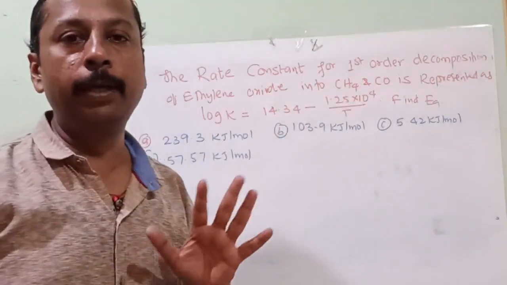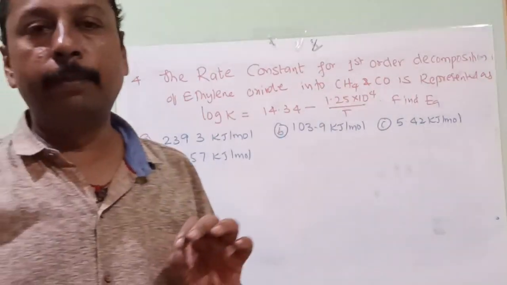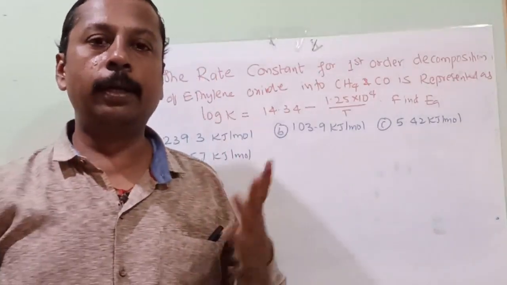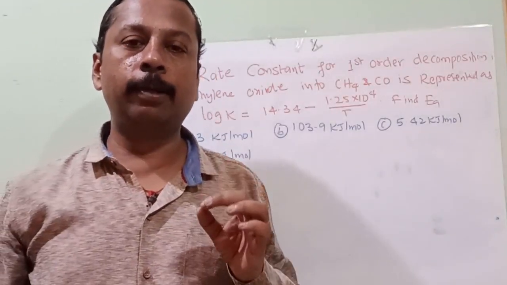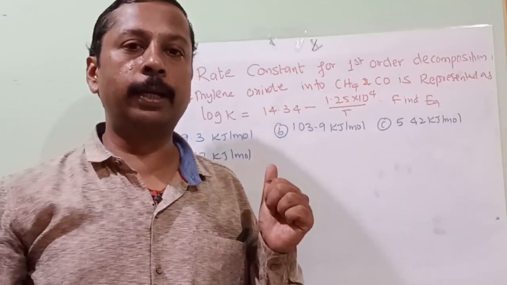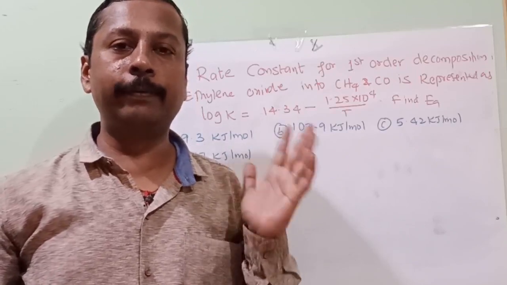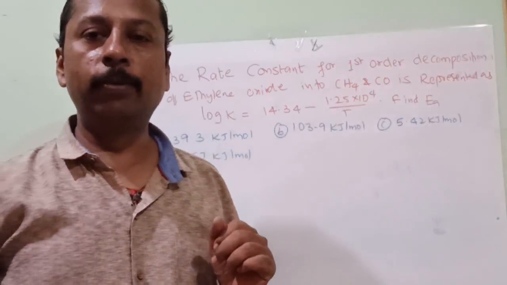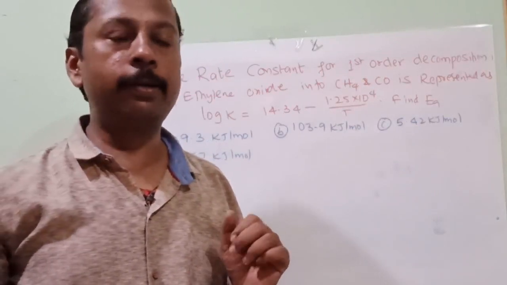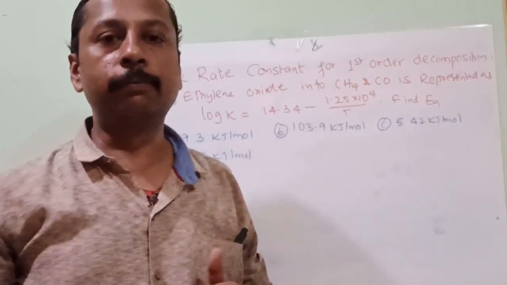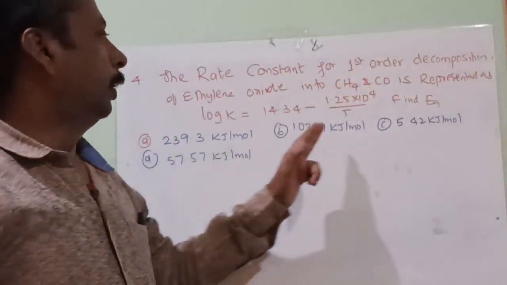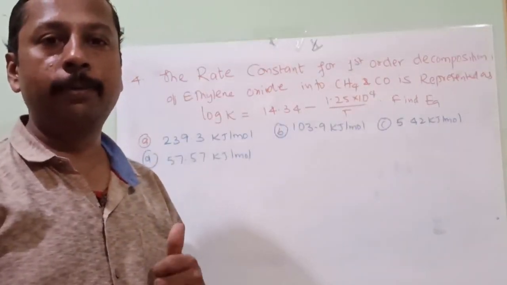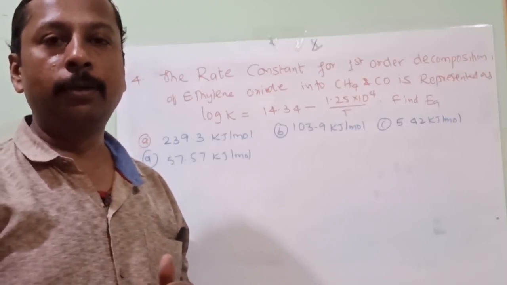It appears to be the Arrhenius equation, but a lot of differences are there between this equation and the Arrhenius equation. On careful observation only, you can understand how to modify it into the Arrhenius equation. If you are able to modify this into the Arrhenius equation, then you are successful. So EA and options are given, try to solve it. Pause this and solve it.